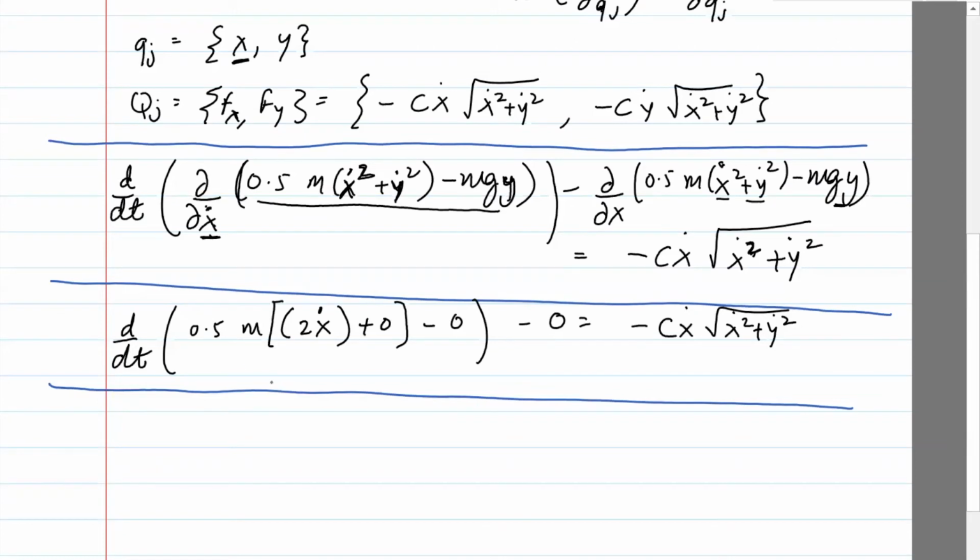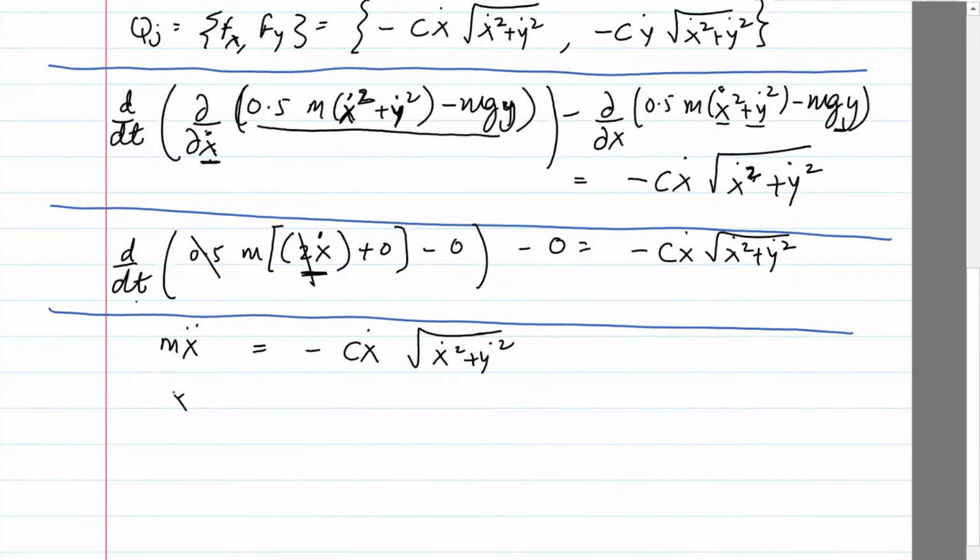Okay, so now I need to take the derivative of this term with respect to time. So the derivative of ẋ is going to be ẍ. So I can cancel this 2 and this half, and so I end up getting m ẍ equals minus c ẋ √(ẋ² + ẏ²).